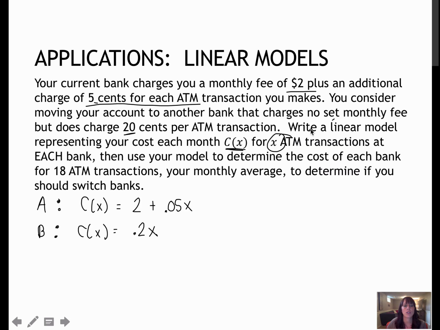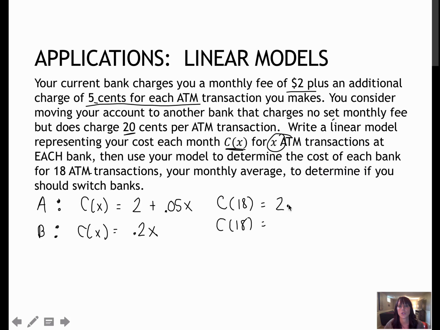Write a linear model representing your cost for each one, which we did. Then use the model to determine the cost of each bank for 18 ATM transactions. So basically we're trying to decide, should we switch to a new bank, which means I'm going to now find C of 18 for each of my banks to determine if it's a good idea for me to switch.